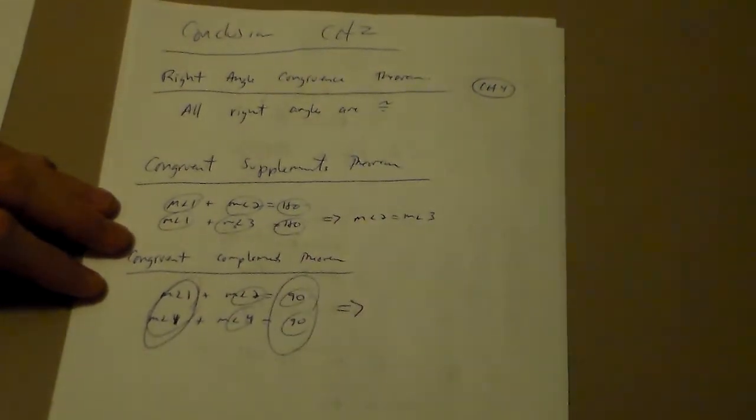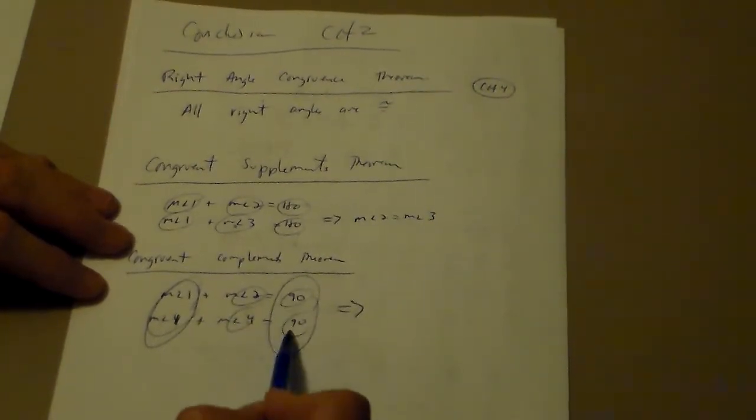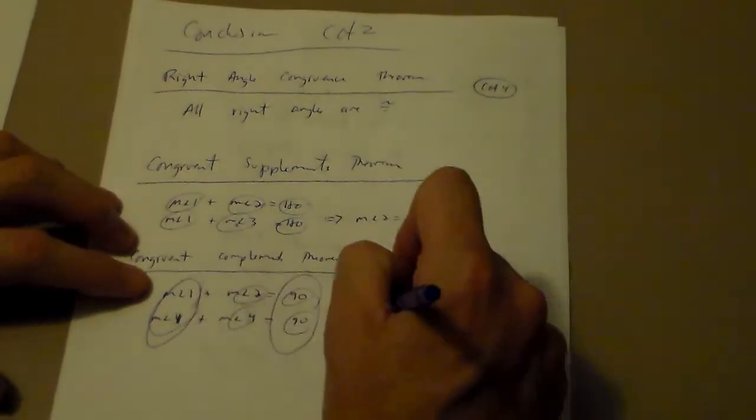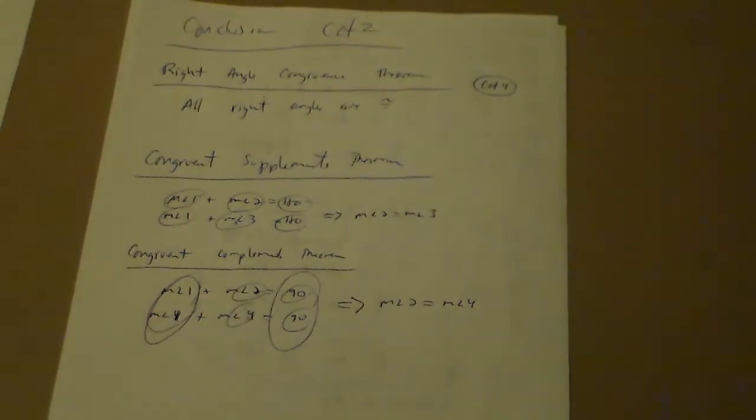So when you have the congruent complements theorem, if you have 2 angles that are complementary to the same angle, then these 2 angles must be congruent. Measure of angle 2 equals the measure of angle 4.